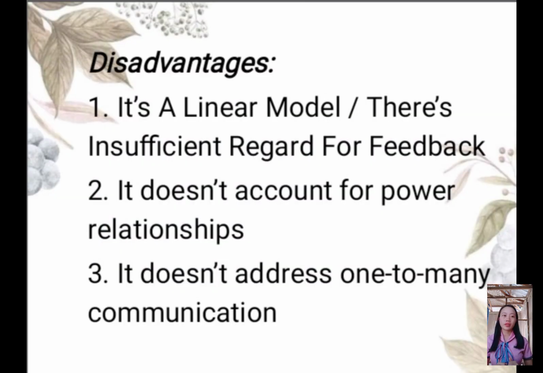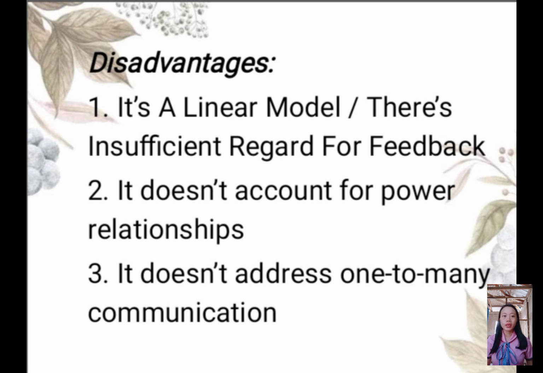So, let's proceed to disadvantages. Number one is its linear model, or insufficient regard for feedback. The original 1948 Shannon-Weaver blueprint did not contain the feedback component. When it was added by Wiener later on, it was included as a bit of an afterthought.